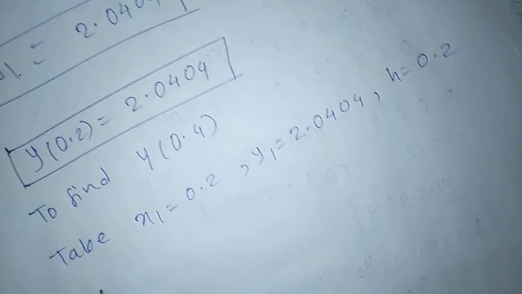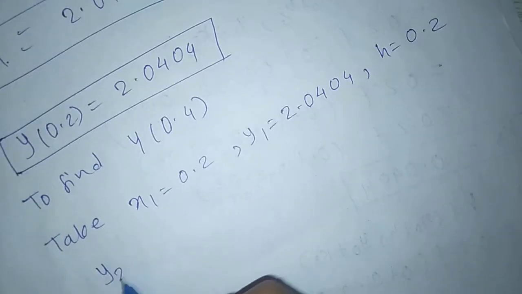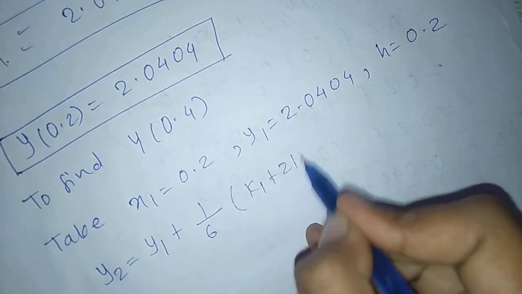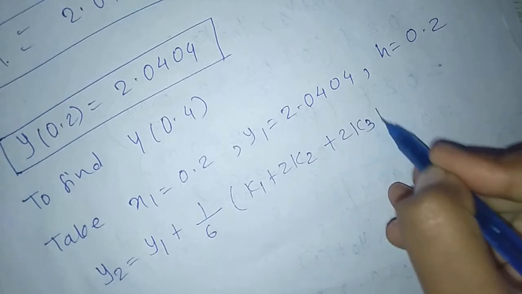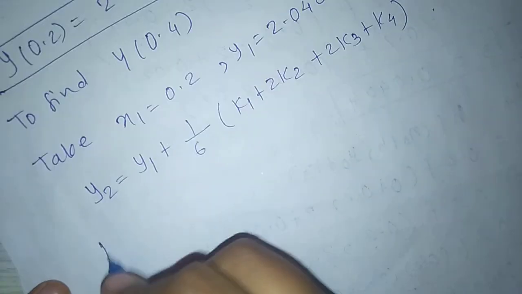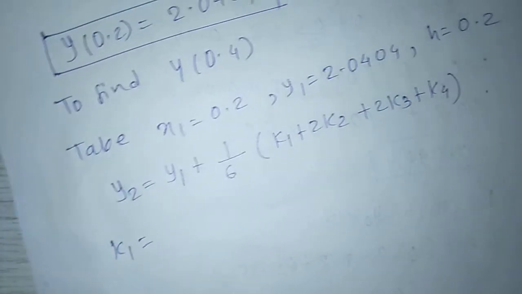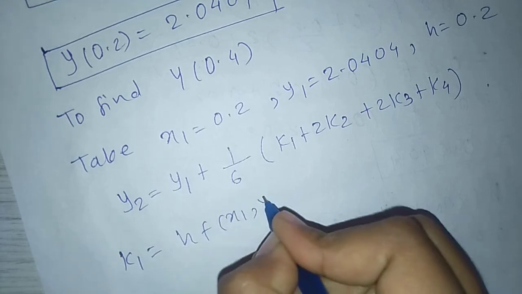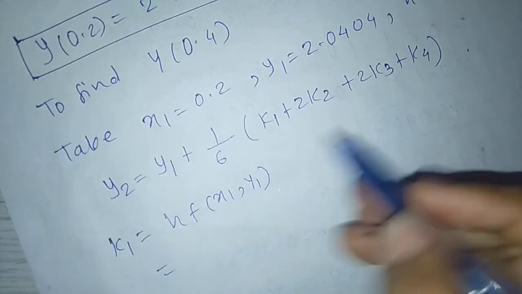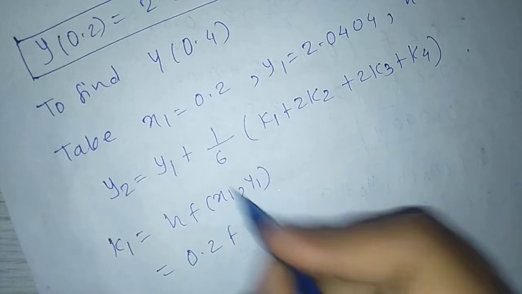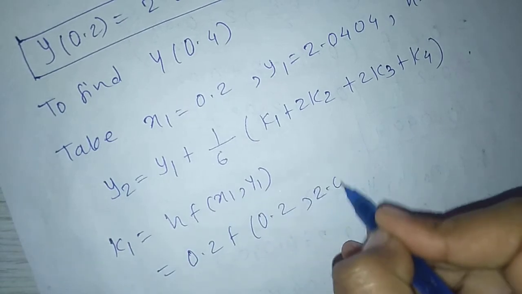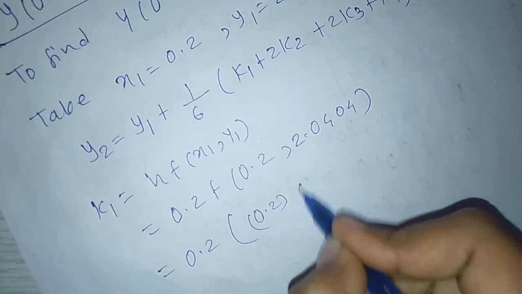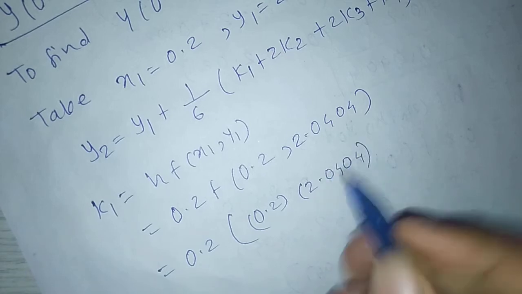Now y2 equal to y1 plus 1 upon 6 into k1 plus 2k2 plus 2k3 plus k4, where k1 equal to h f of x1, y1, h is 0.2, f of x1 is 0.2, y1 is 2.0404, equal to 0.2 into 0.2 into 2.0404.